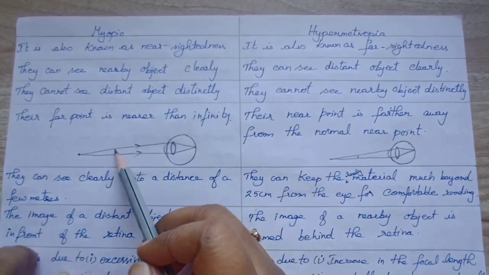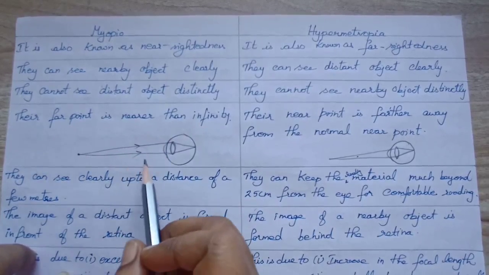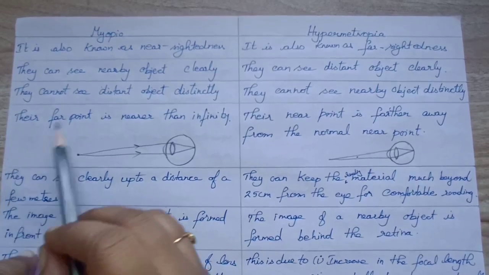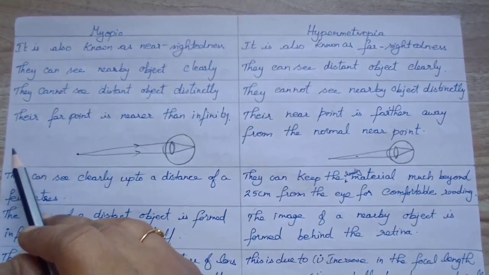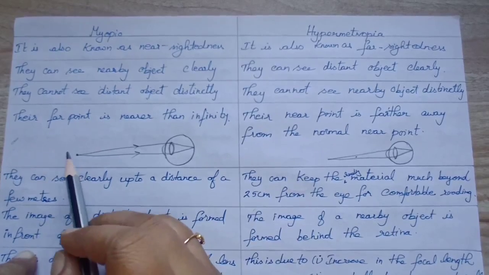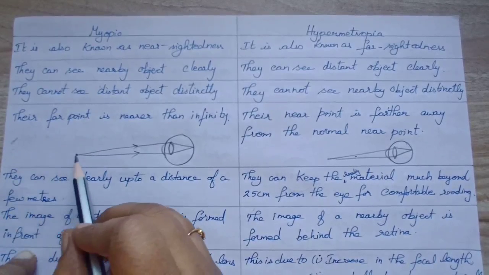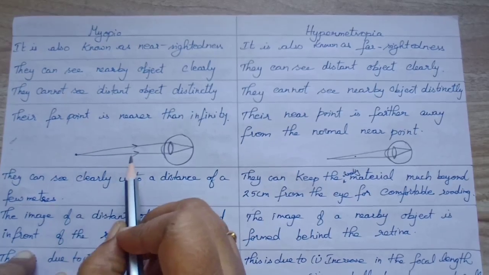You know that the normal eye can see objects placed between 25 centimeters and infinity, right? But in the myopia case, the far point will not be at infinity. It is nearer than infinity, so your infinity point is shifted here. If the object is present at this distance, they are able to see clearly.